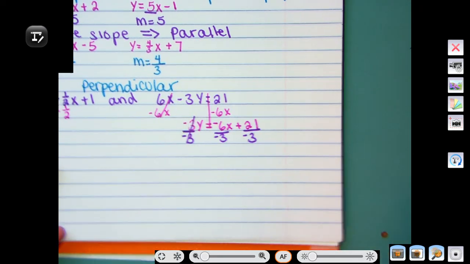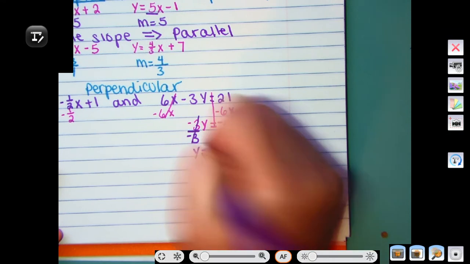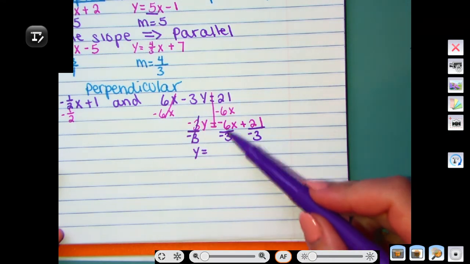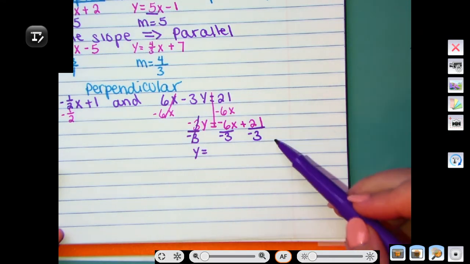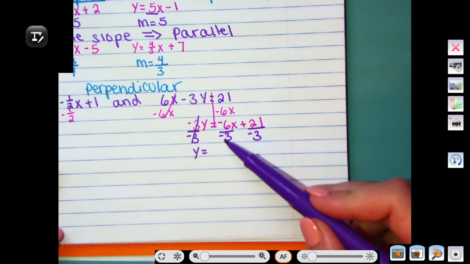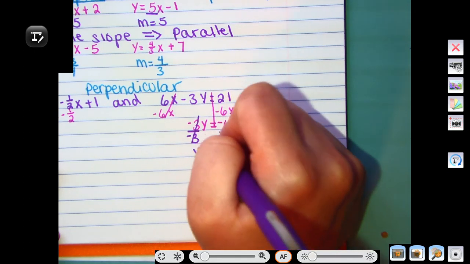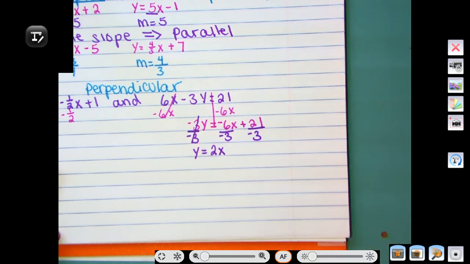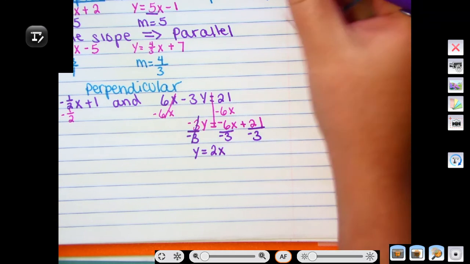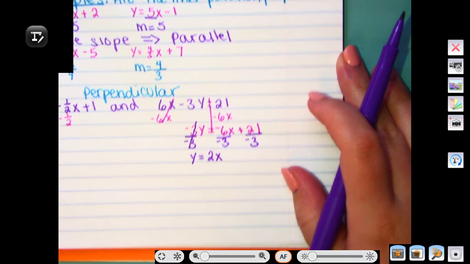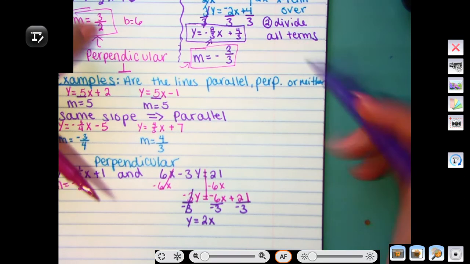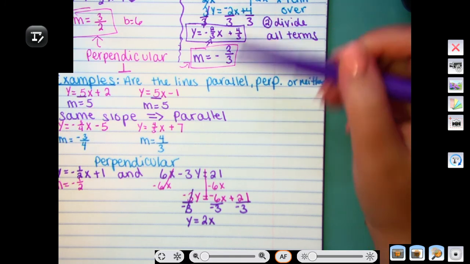So this cancels. And y equals, when you're simplifying this, you're dividing. Negative 6 divided by a negative 3 is positive 2. If it was like the example up here, 3 doesn't go into 2, so there's nothing I can do there.